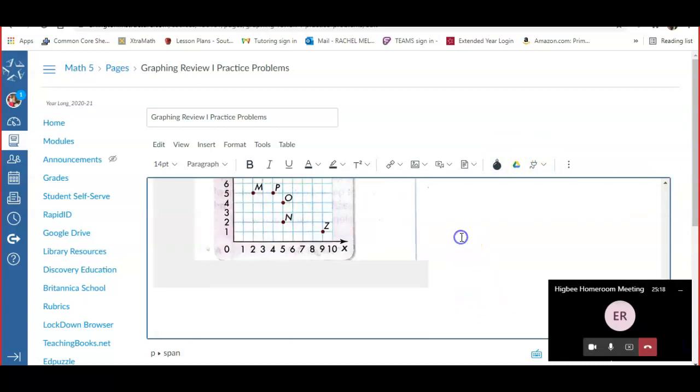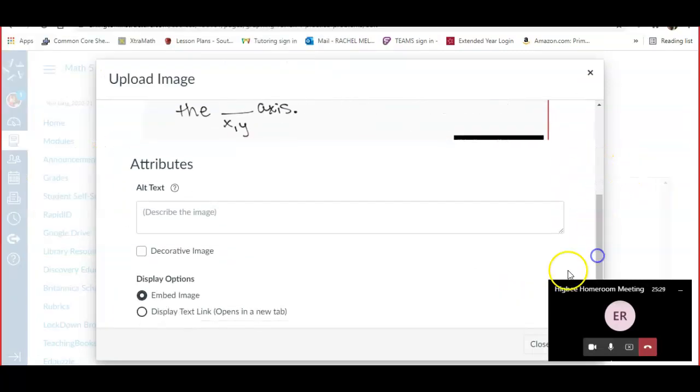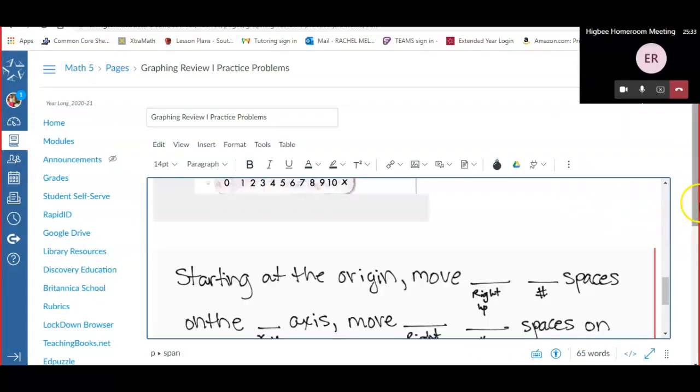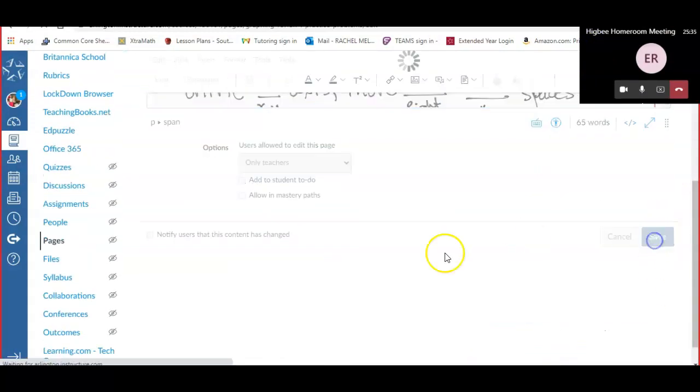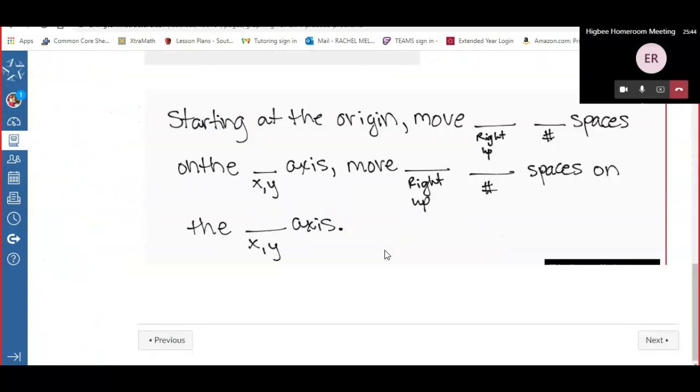I'm going to put this at the bottom underneath the picture there. So it's back in your Canvas in practice problems if you need it, all the way down at the bottom.